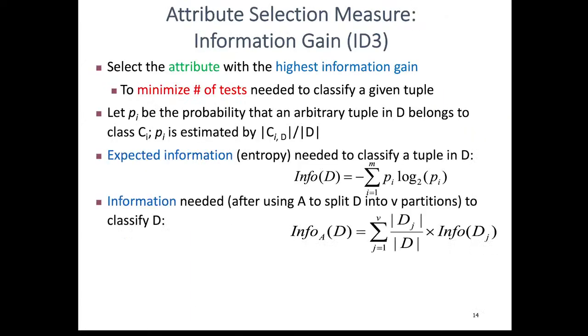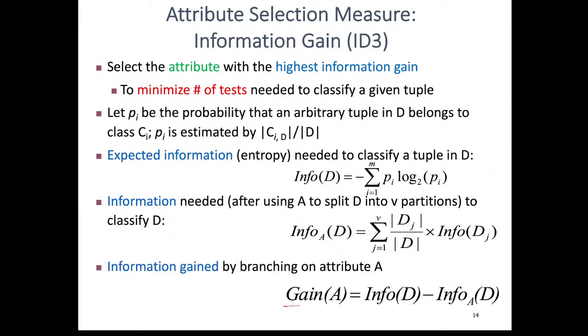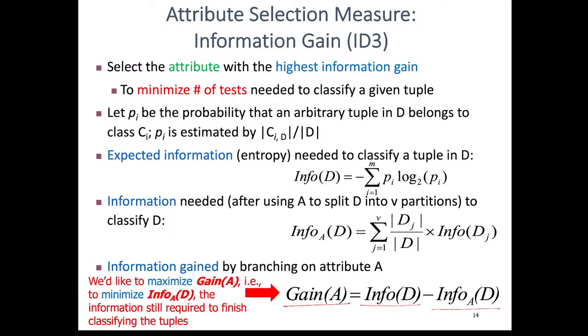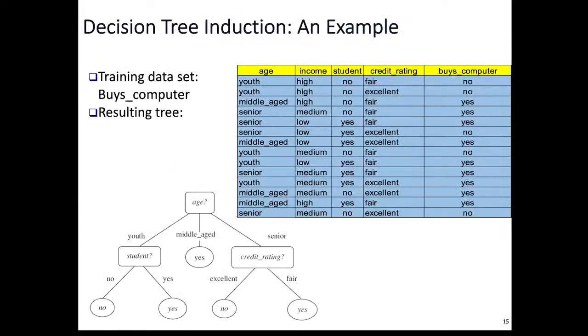So this is how we compute the expected information after a split. And this is how we compute the information gain, which is the entropy before the split subtract the entropy after the split. And this is the example we just talked about.